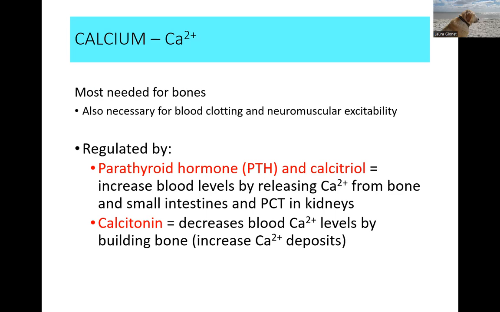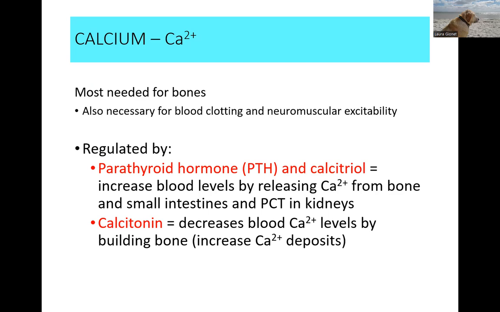Remember that in muscle cells, we have the sarcoplasmic reticulum that stores and releases calcium ions. All right, and then as a brief review, parathyroid hormone from the parathyroid gland and calcitonin from the thyroid gland work in opposition to one another to balance blood calcium levels.